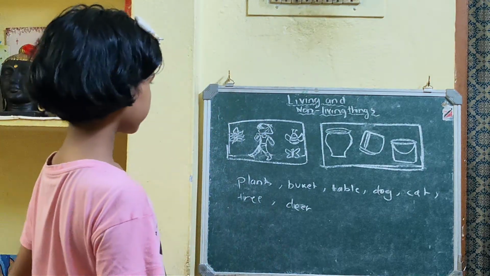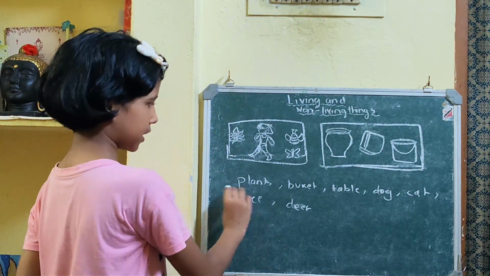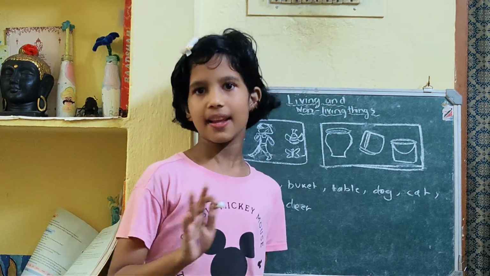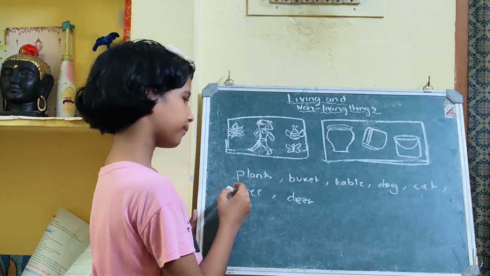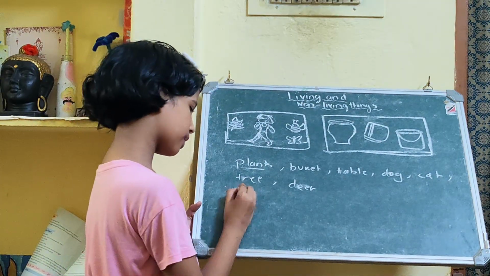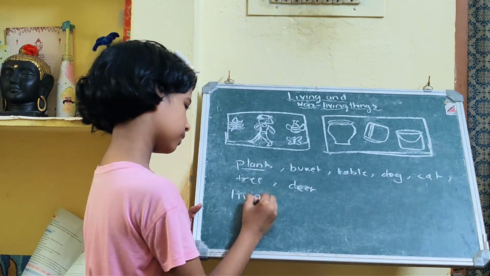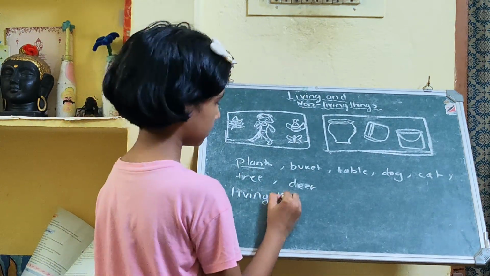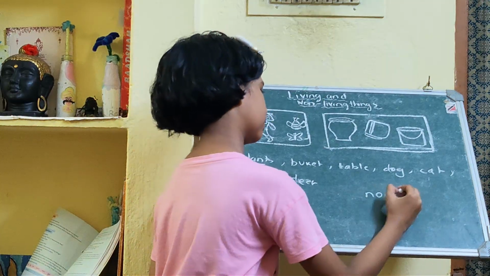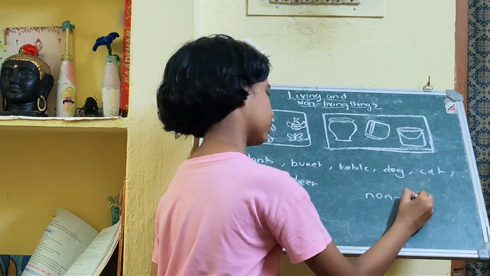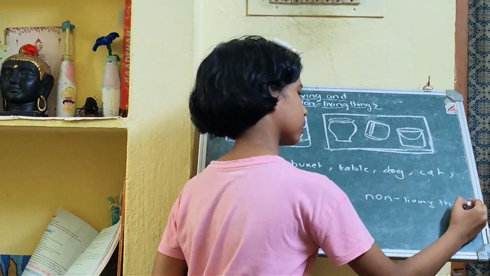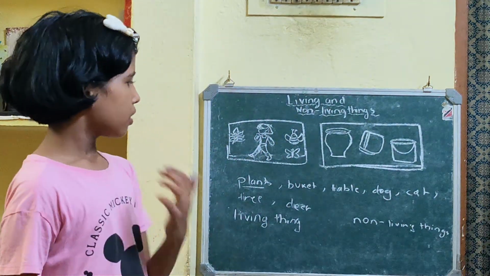We have to pick out which of these are non-living things and which are living things. You can see over here, plants. Plants are living things. So I'm going to write living things over here, and non-living.